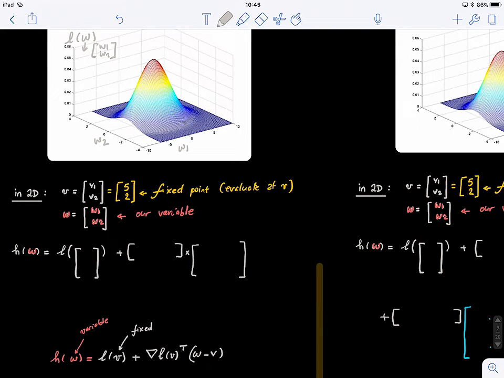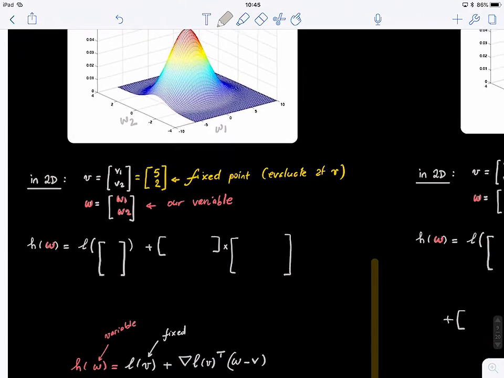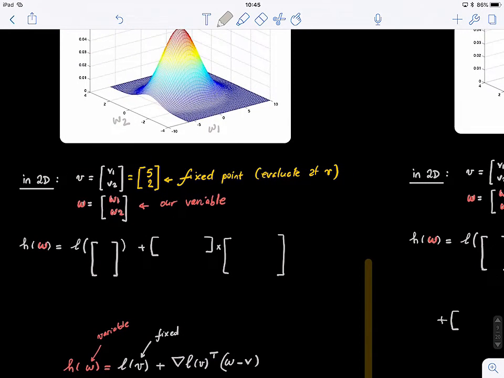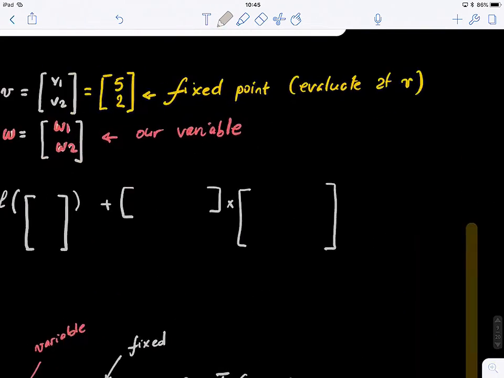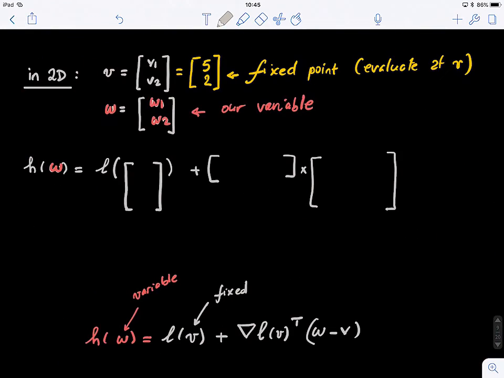This is how our function, our loss function for example, hypothetically looks. What you need to do is like I've shown you: you just plug things in. If we want to measure it at 5, 2, we just put the value. So this is our point, or our vector, and here we have the derivative. We compute the first derivative of our loss function and evaluate it at v.